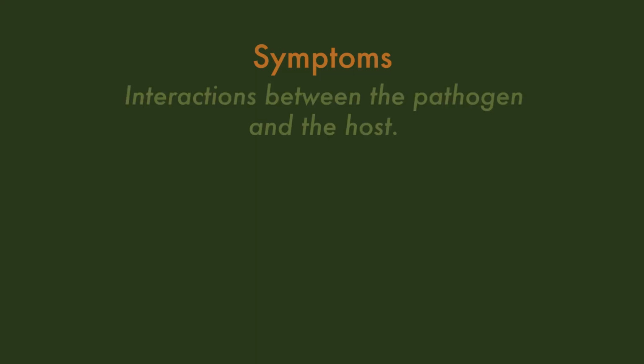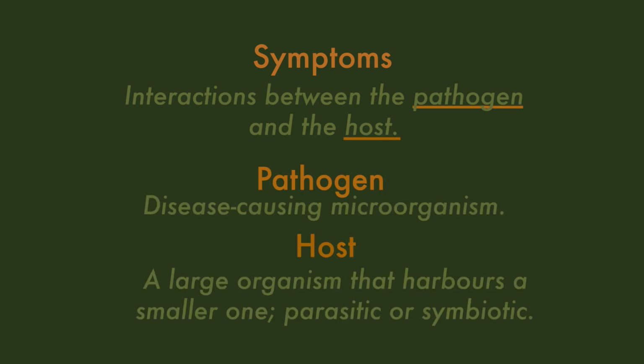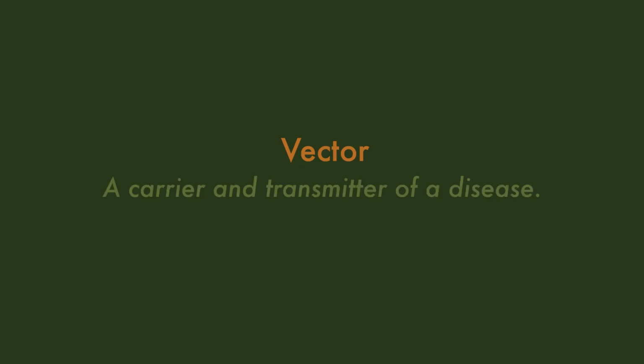So, some definitions. Symptoms are interactions between the pathogen and the host. The pathogen is what causes the disease, and the host is the tree that has the disease. And then the vector is the carrier of said disease, and that can be a living thing like a bug or a nematode, we'll get to that later, or it can be a non-living thing like wind or farming equipment, something like that.